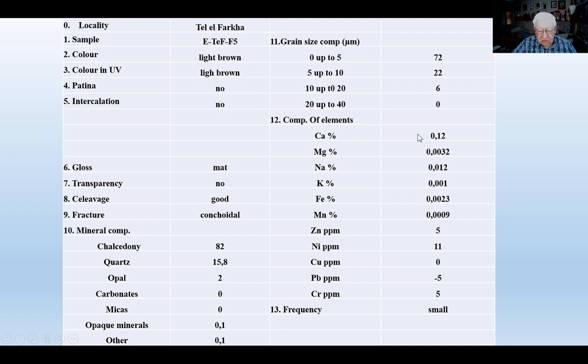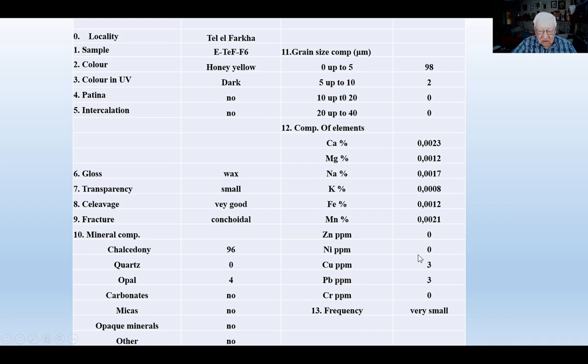In chemistry, the dominating element is calcium, and traces of sodium, etc. Everybody can look. And admixture of trace elements, zinc, traces of nickel, and so on.